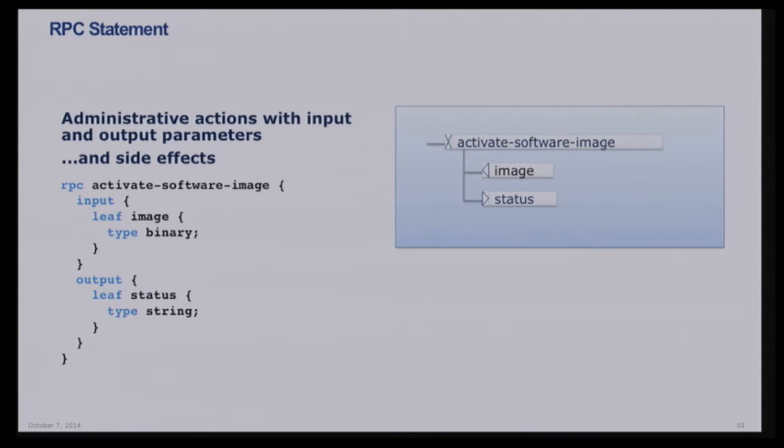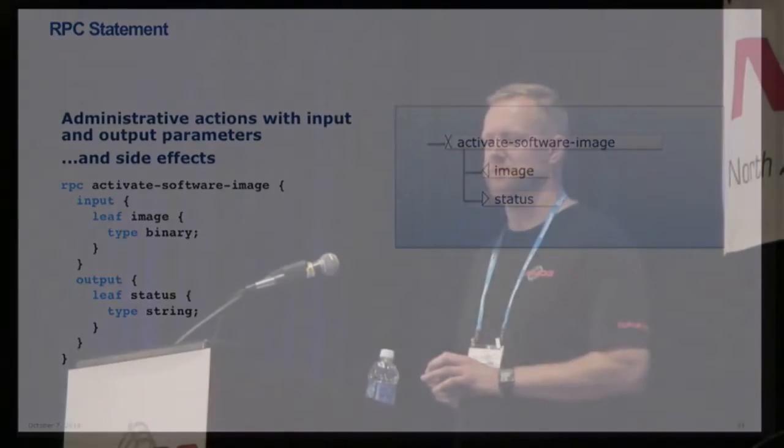Of course, the input in this case is a very simple thing. It's just an image. It's a single leaf, right? But you can, of course, have more structured inputs, to your heart's content, depending on what this thing is doing. And the same thing with the output. In this case, it's a simple status string. But, of course, you could send back an entire data set of something, maybe an ordered list of traceroute results, for example, which is pretty common.